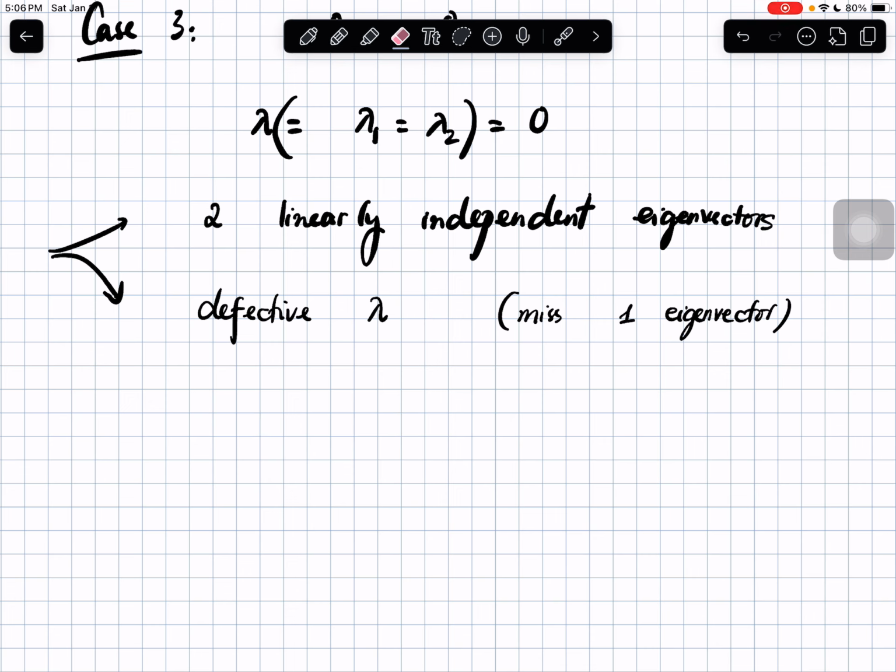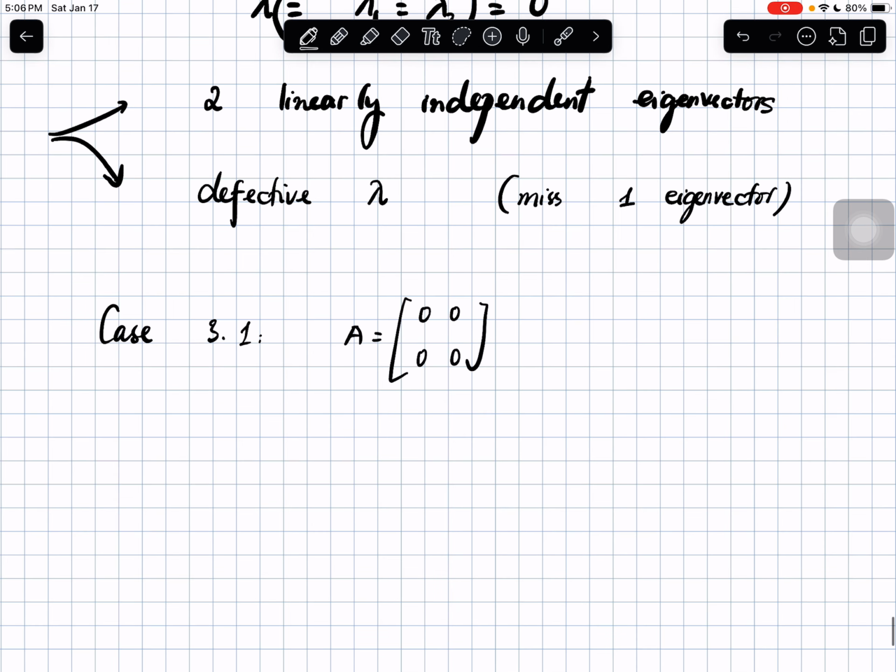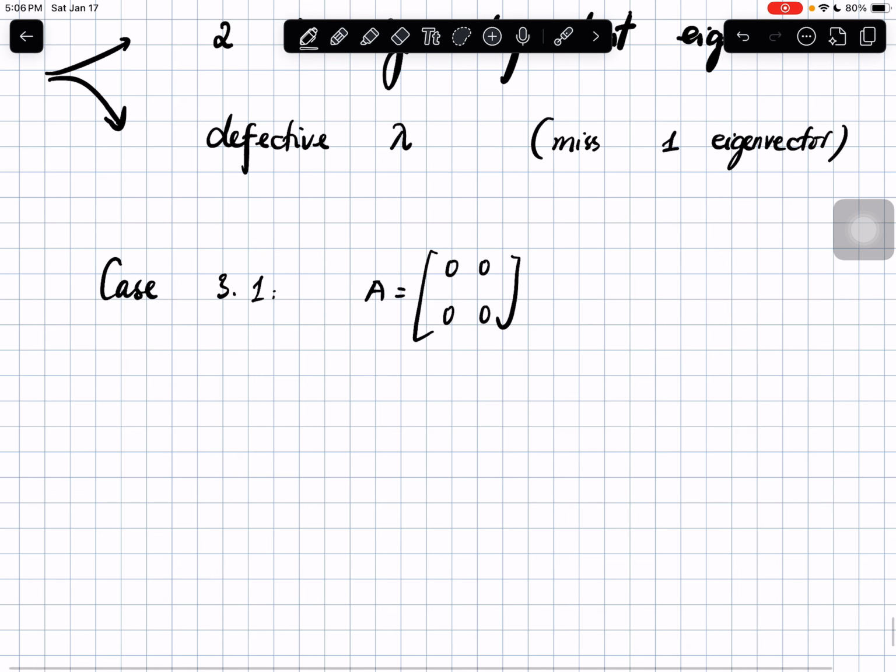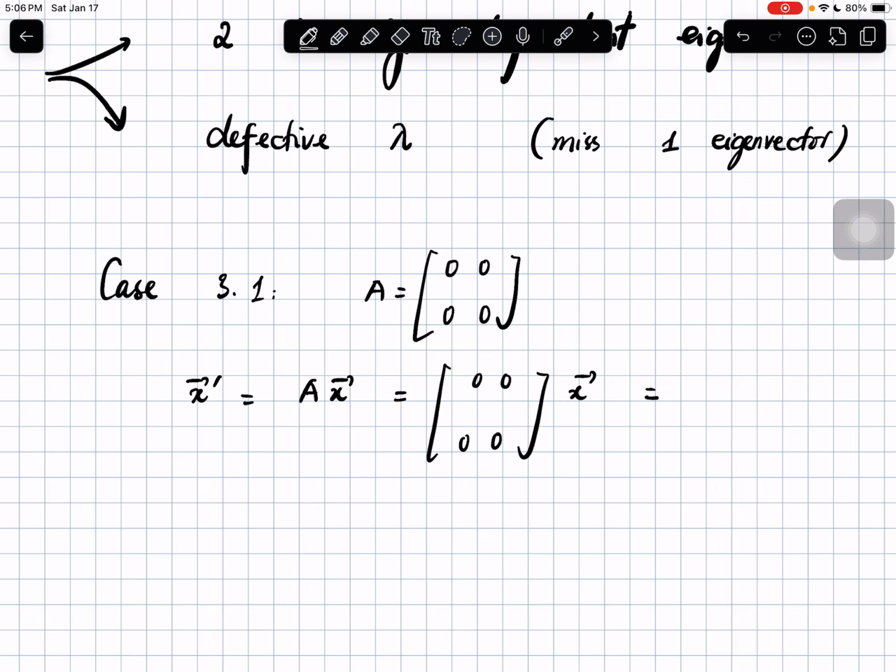Case 3.1. Matrix A has to be the 0 matrix. Nothing to do here, because the equation x prime equals Ax is actually x prime equals [0, 0; 0, 0] x, which is just 0.